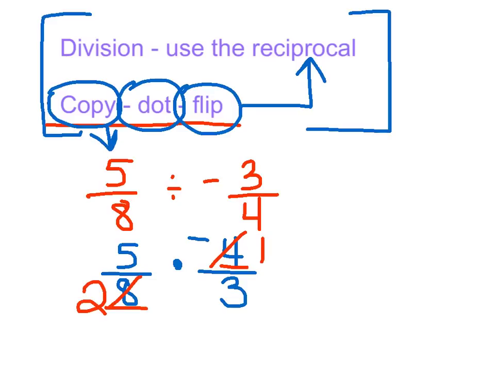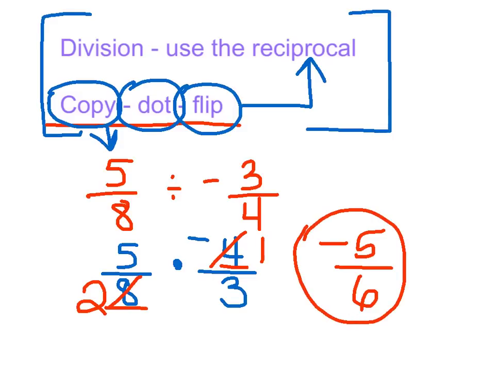I can go ahead and multiply those through. 5 times 1 is 5. 2 times 3 is 6. Don't forget, a positive times a negative is a negative. My answer should be negative 5/6. Pause the movie now and copy this example into your notes.